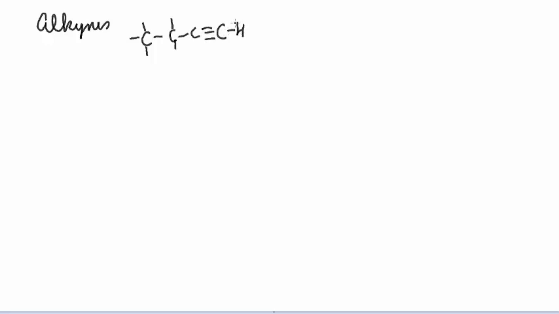So we're going to start with our alkyne, subject it to a stream of high-energy electrons. One of the pi electrons is going to be knocked out to produce a radical cation. I will draw its structure now.